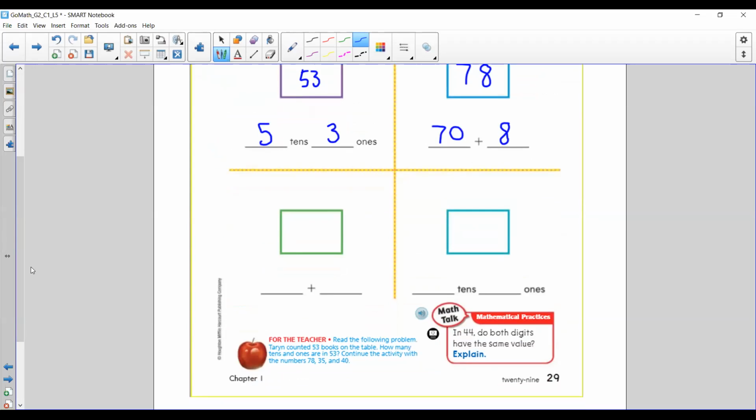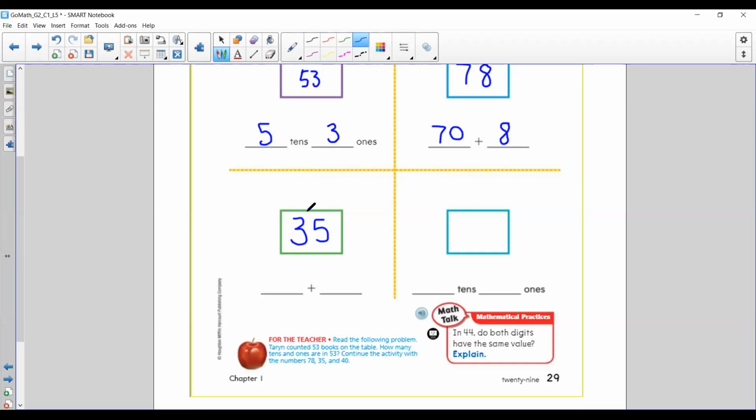Okay, in our next problem, Sarah counted 35 M&Ms in her little package of M&Ms. So let's try 35. And if we look below, we have a plus sign. So that means we have to show the value of 3 tens and 5 ones.